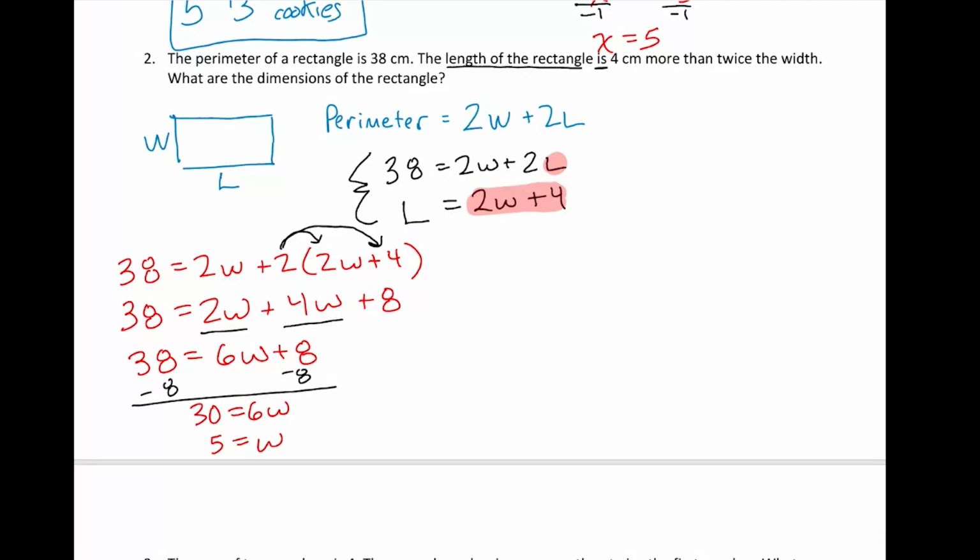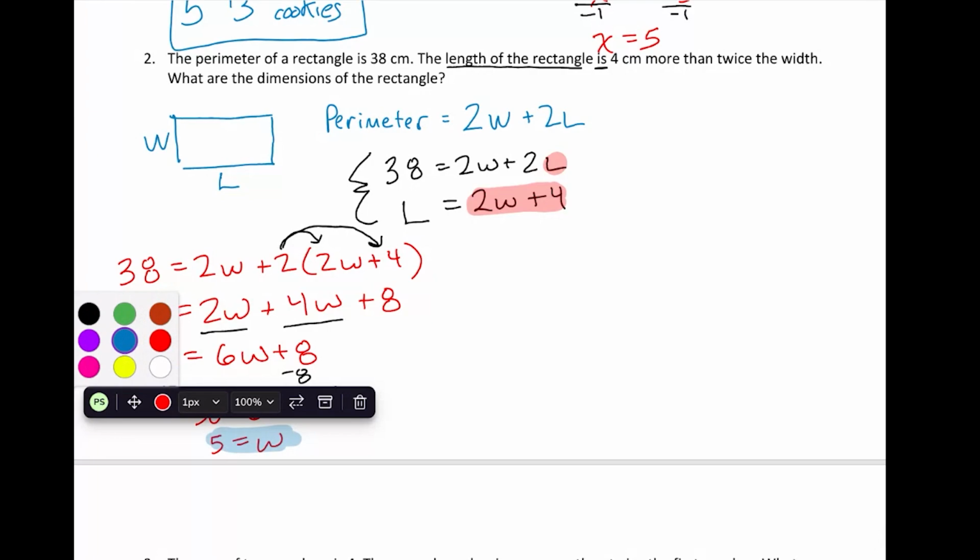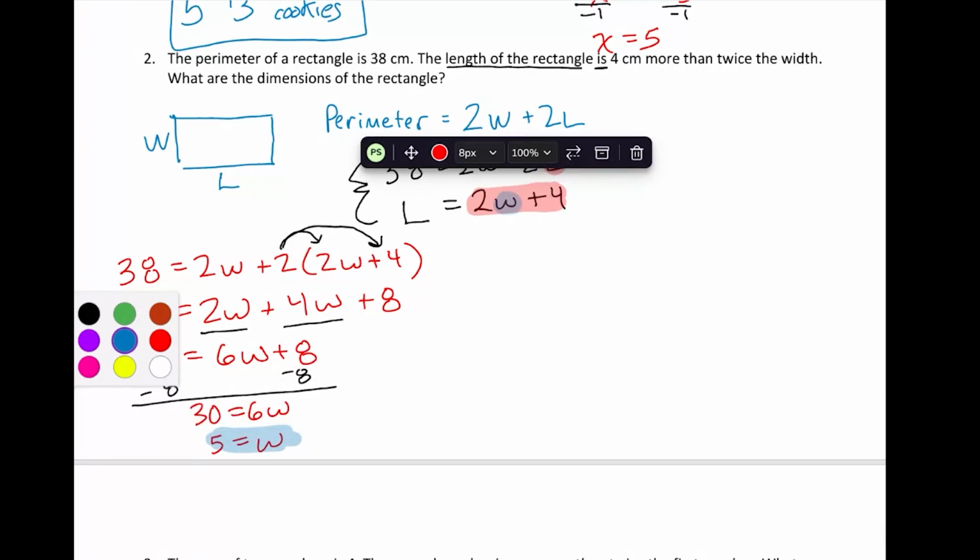But this is asking for both dimensions. So we also have to find the length. So that's where we'll use the other equation. We're going to take this 5, which is w, and substitute it into w in the other equation.